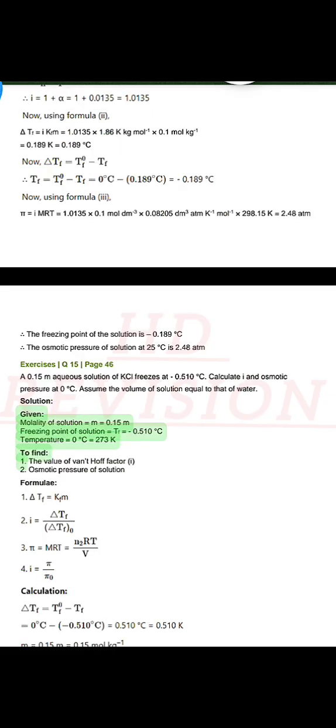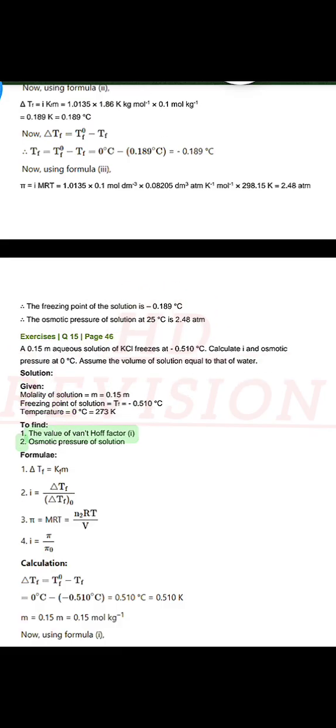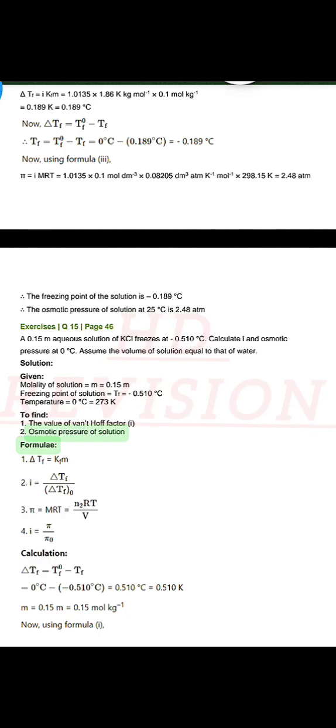Given, molality of solution m equals 0.15 m. Freezing point of solution TF equals -0.510 degrees Celsius. Temperature equals 0 degrees Celsius equals 273 K. To find 1. The value of Van't Hoff factor i. 2. Osmotic pressure of solution. Formulae.